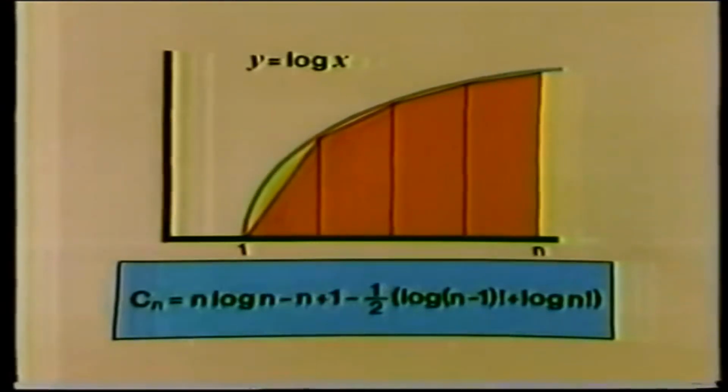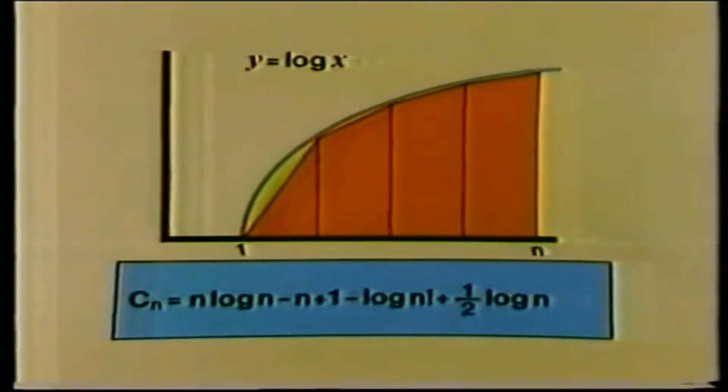The integral is n log n minus n plus 1. And the term on the right can be simplified. Log of n minus 1 factorial plus log n is log of n factorial. So, adding and subtracting log n, the right-hand term becomes log of n factorial minus a half log n, giving us this for Cn.